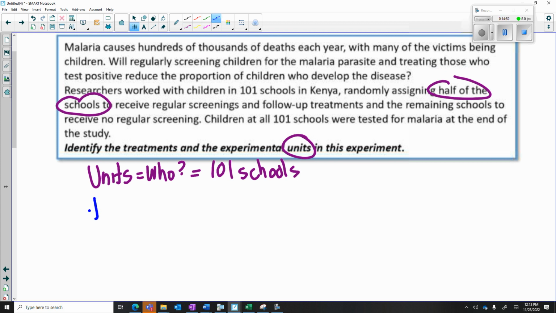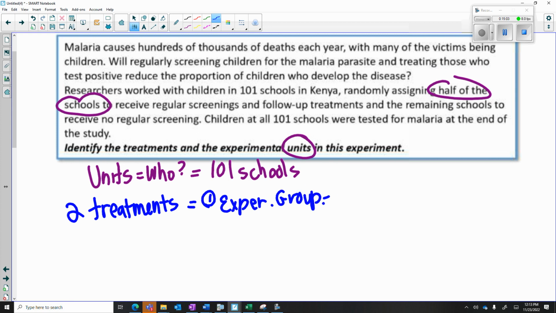And then what are the treatments? Well, there are two treatments. The one is the experimental group, which is going to receive regular screenings and follow-up treatments for malaria.